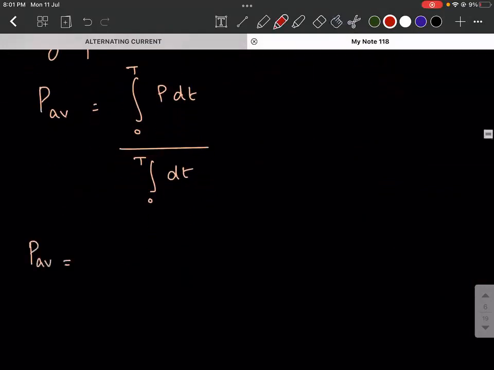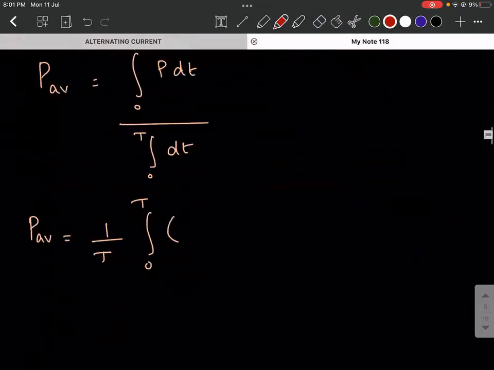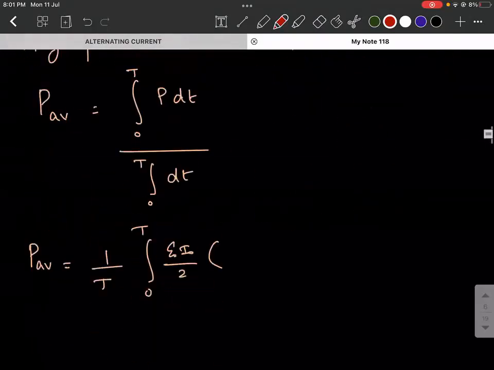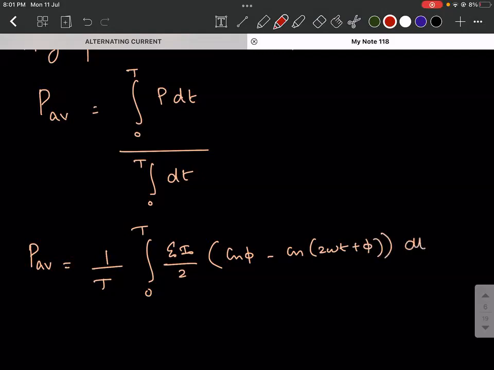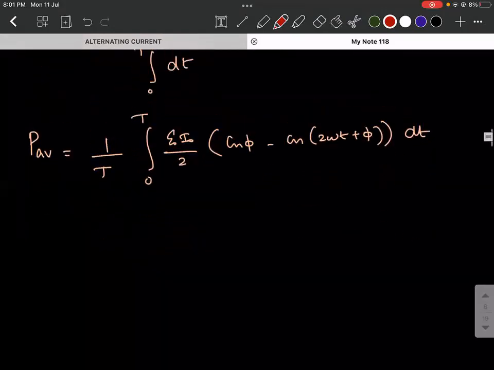P average will be equal to 1 divided by capital T into integral of 0 to capital T of P, which is E naught I naught by 2 into the bracket, times dt. Can I write it in this way?